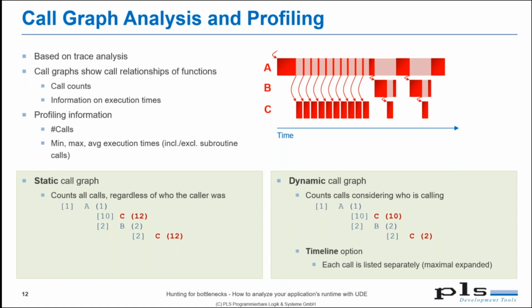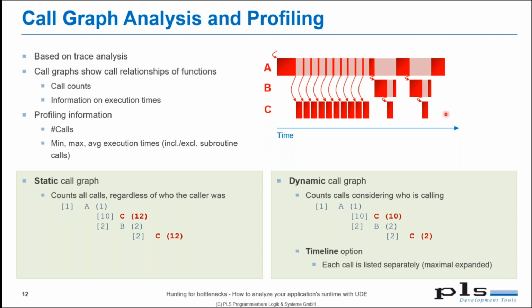In the static call graph, all the calls of a function are accumulated, regardless of who was the caller. And in the dynamic call graph, we are also considering the caller, so you have a difference in the number of calls. If you look at this example here, we have a function A that is calling function C 10 times, and we have a function B which is calling function C 2 times.